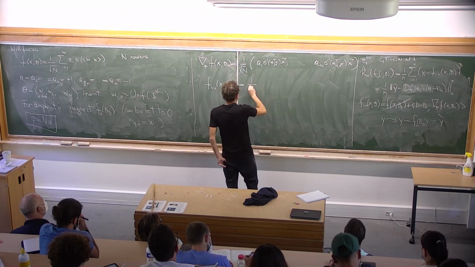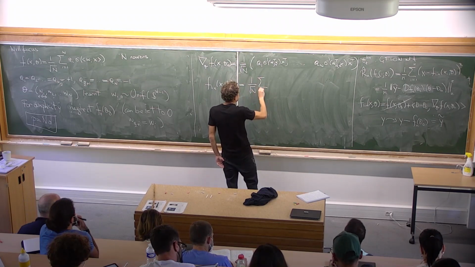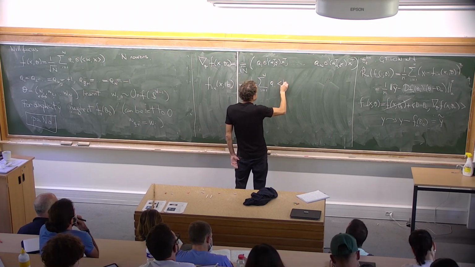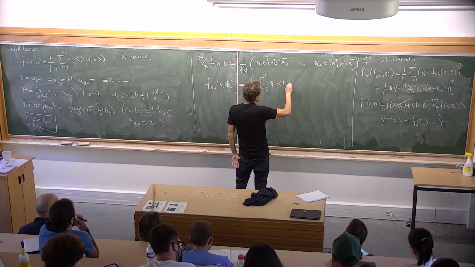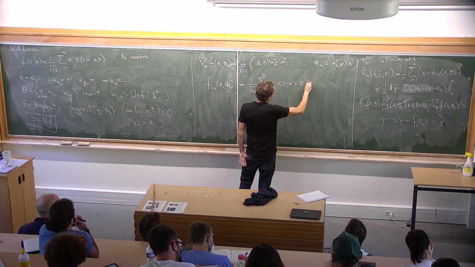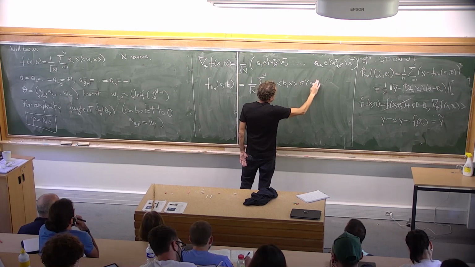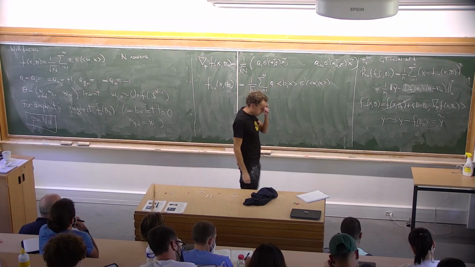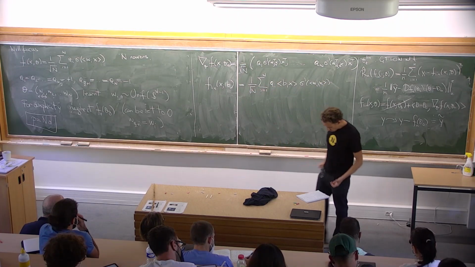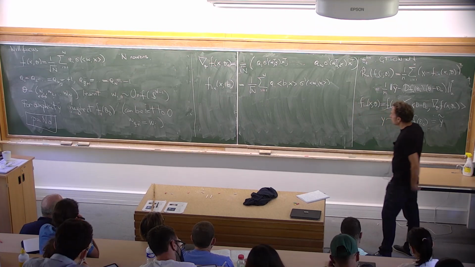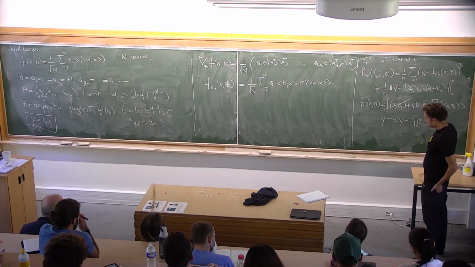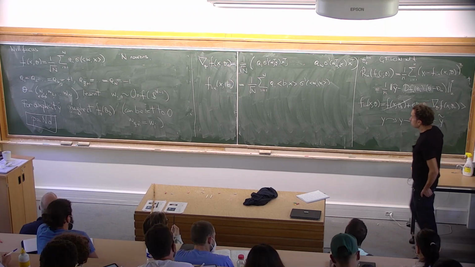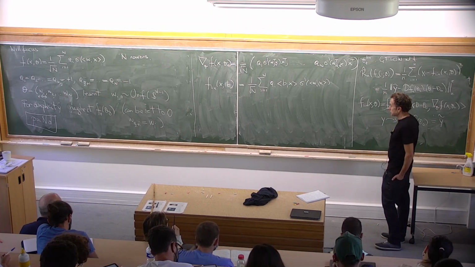This will be 1 over square root of n, sum over i from 1 to n, of a_i and then b_i times x times sigma prime of w_i transpose x. So B is the difference of theta and theta 0.